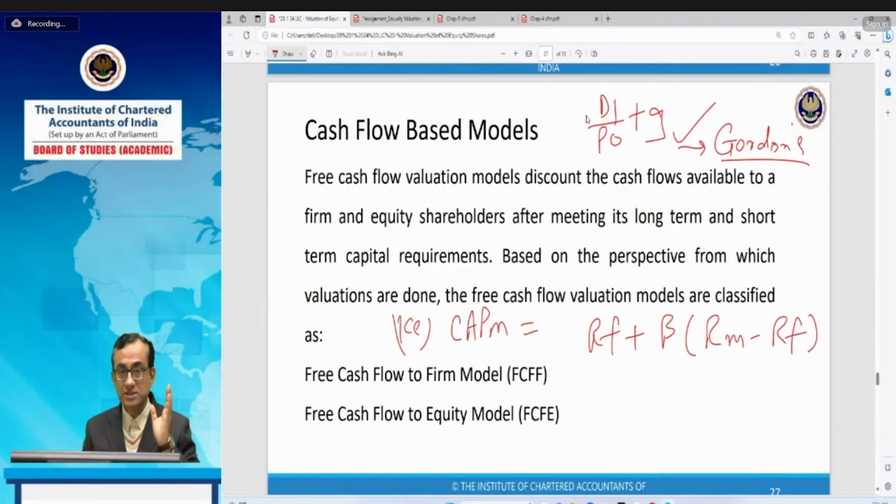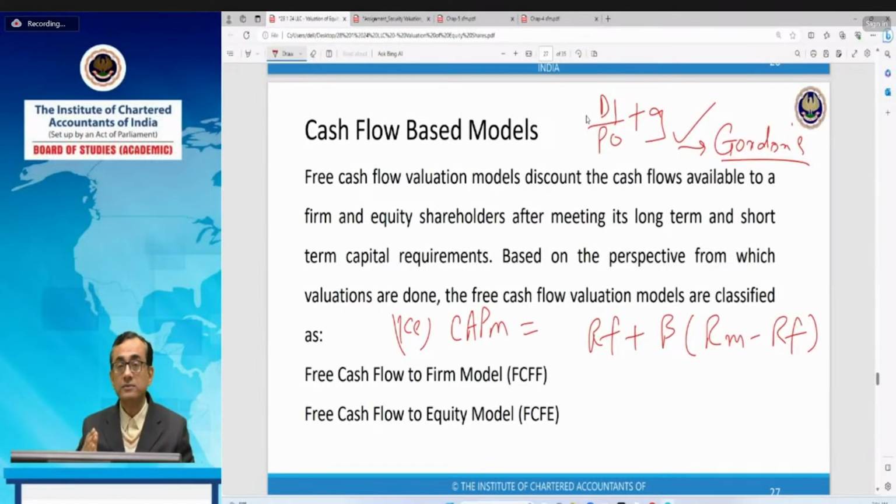The first aspect is when the investor wants to hold the shares for up to 1 year. Then the future dividend, that is the dividend received after 1 year, is discounted to arrive at the present value, and the market price after 1 year is also discounted to arrive at the present value.